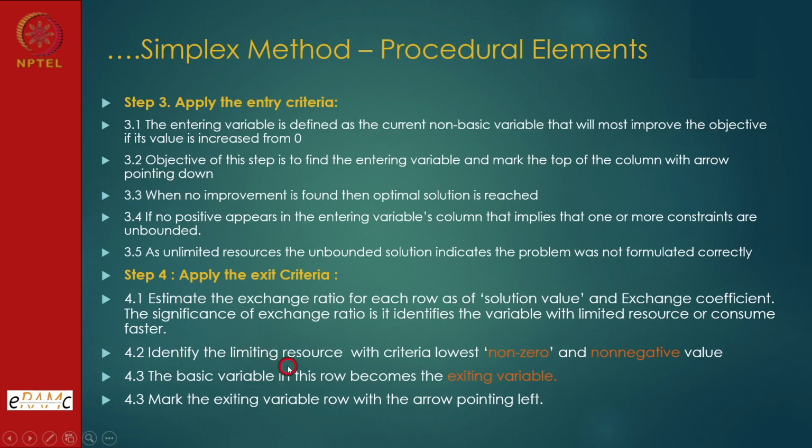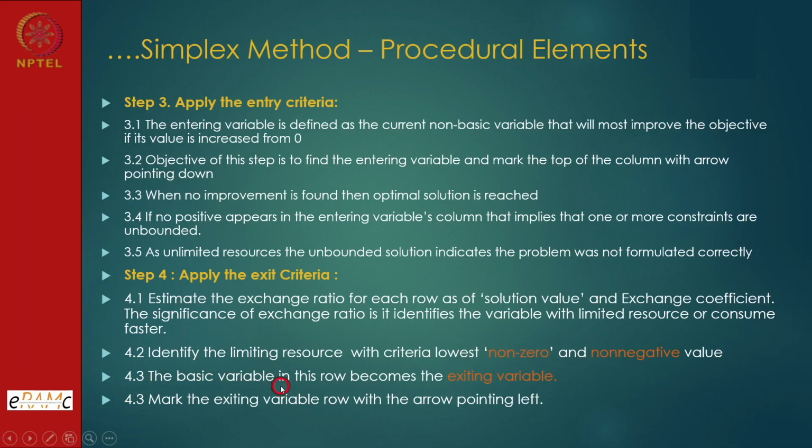4.2, identify the limiting resource with the criterion: lowest non-zero, non-negative value. I have marked it red because we will use this when we solve a numerical problem. Identify the limiting resource with the lowest non-zero non-negative value. That means some numerical figure should be there, it should not be negative.